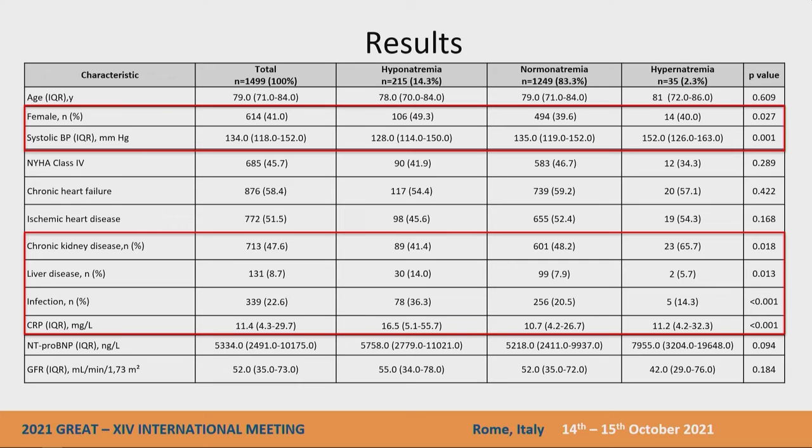Also, infection as a trigger of the acute heart failure episode was observed more in the hyponatremia group, and patients had higher levels of C-reactive protein. There were no significant differences between groups in age, NYHA class, chronic heart failure, ischemic heart disease, NT-proBNP and GFR levels on admission.